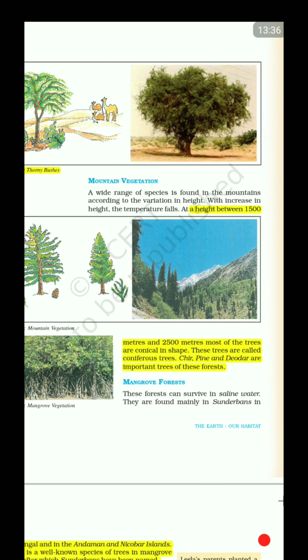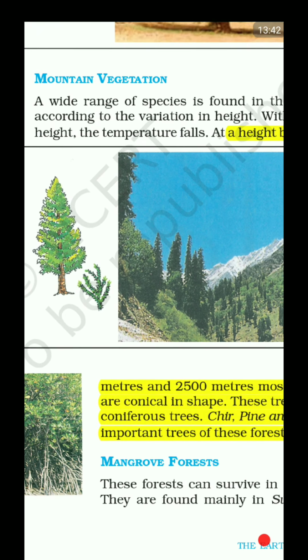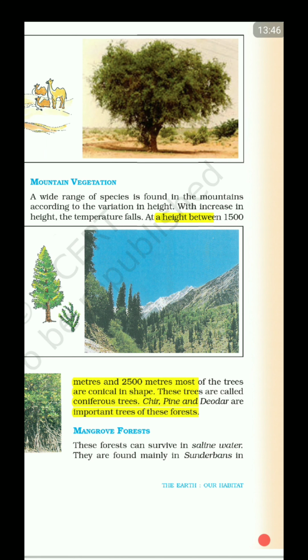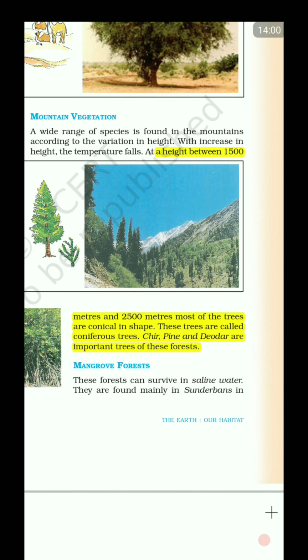For example, you are in the mountain and you start finding canopies like this, right? So you can clearly say that yes, we have started getting at the height of more than 1500 meters, right? Coniferous trees, cheer, pine, deodar, important trees.